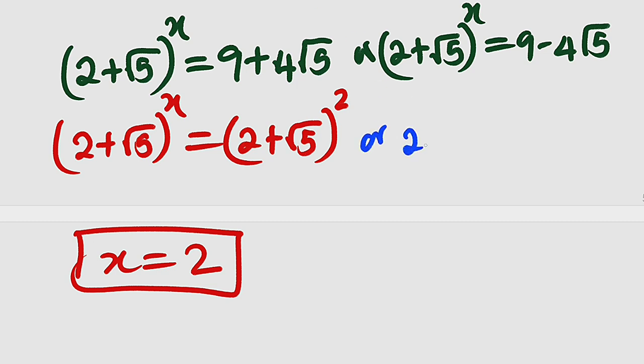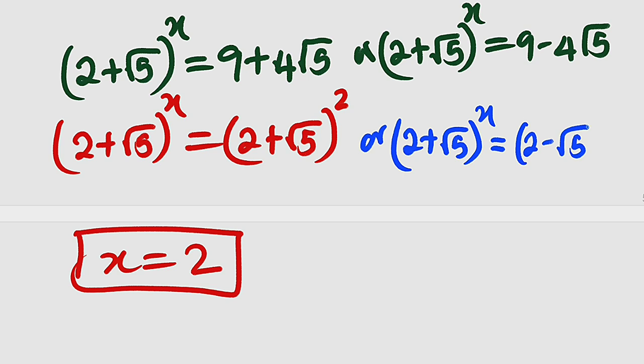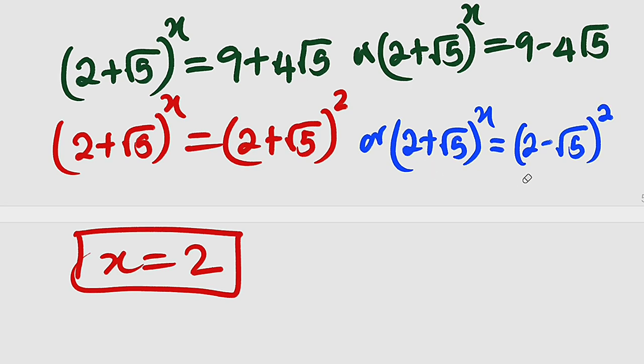Or 2 plus root 5 to the power of x equals, you see this minus? That is just the difference between these two. This is going to give us 2 minus root 5 to the power of 2. And you can see that the bases are entirely different. So let us modify the equation a little bit.